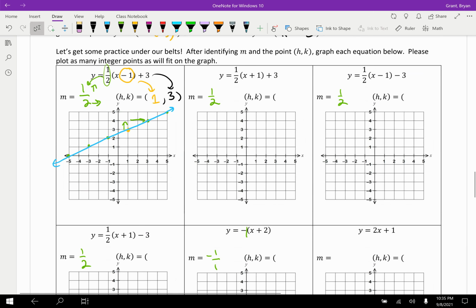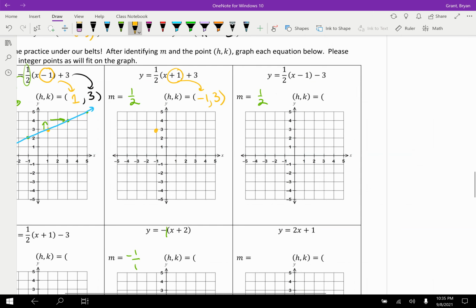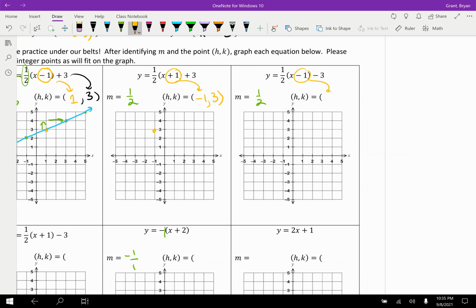All right, HK. Well, H is always the opposite. It looks like +1, so that becomes a negative. And then we just use the 3 at the end. So that's the point -1, up 1, 2, 3. Next one, H is the opposite, so +1, comma, -3. +1, -3 is over here.